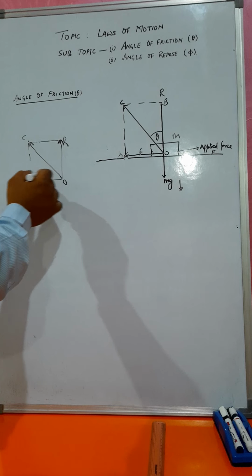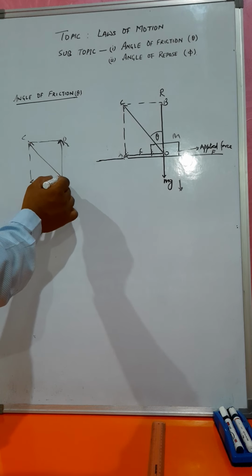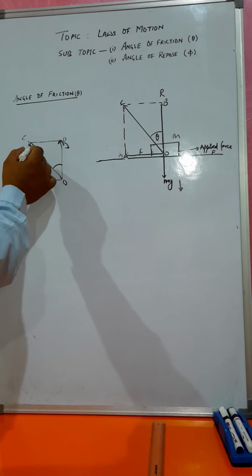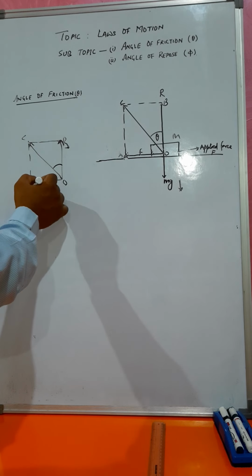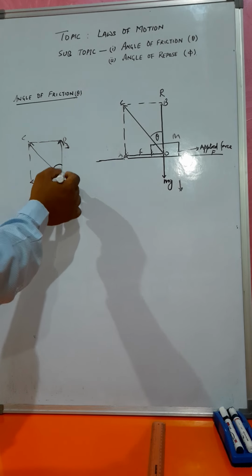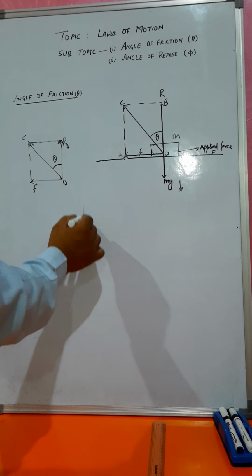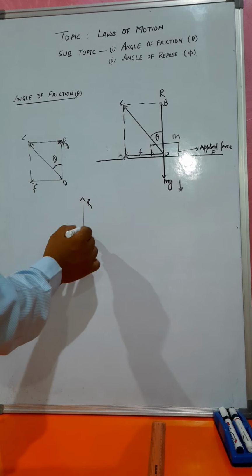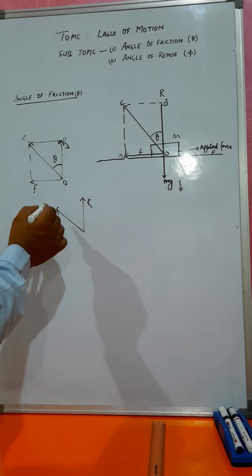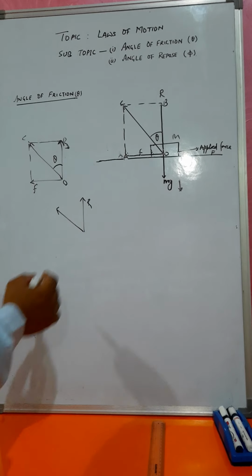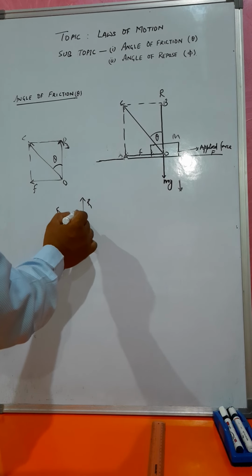The angle between the normal reaction and the resultant of the normal reaction and the limiting friction is called angle of friction.